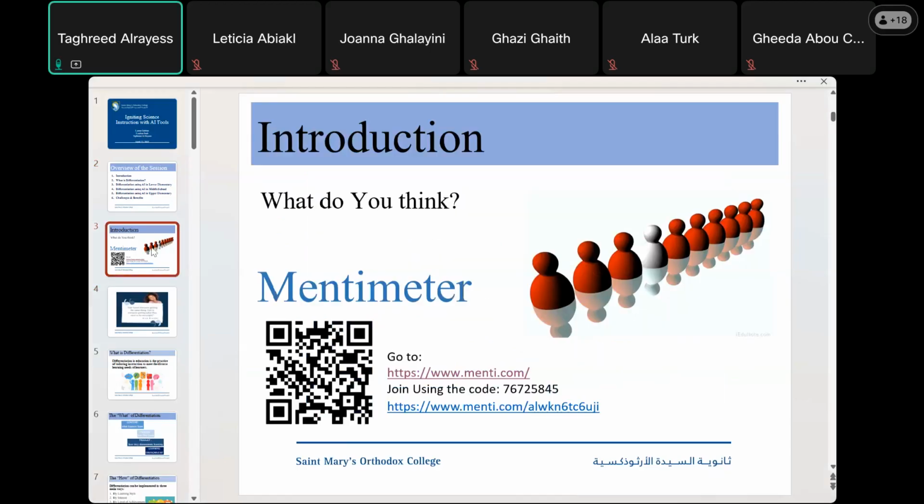So before we start, let's discuss together a few things. We have prepared a Mentimeter survey, a short one, 5 questions. So please scan the code or go to menti.com and join using the code shown on the screen.